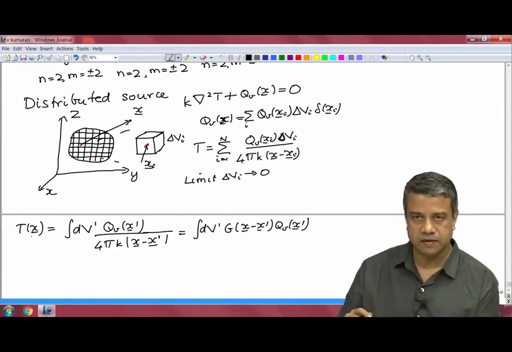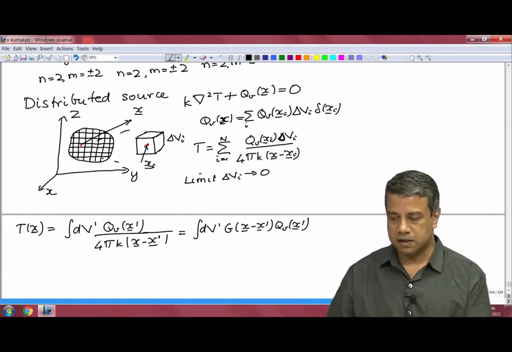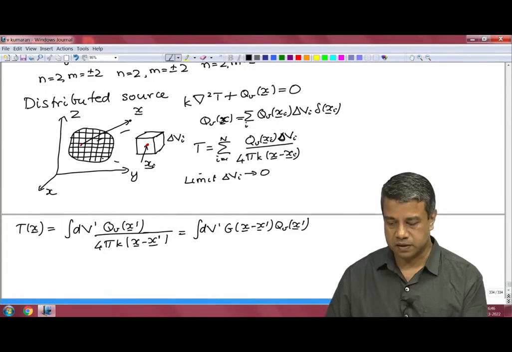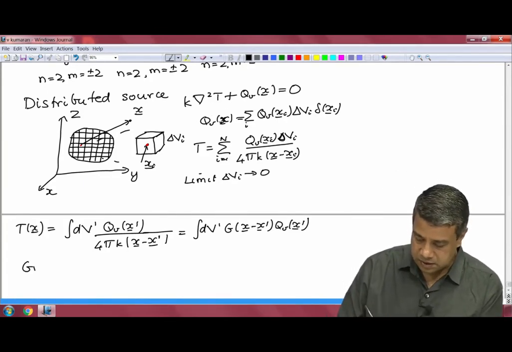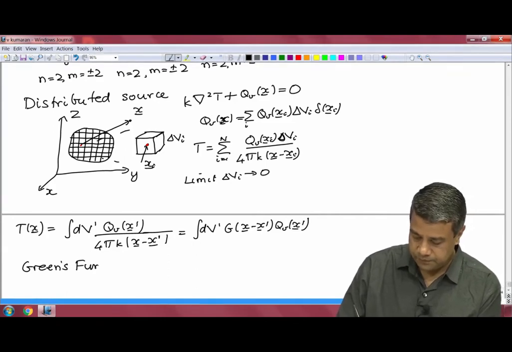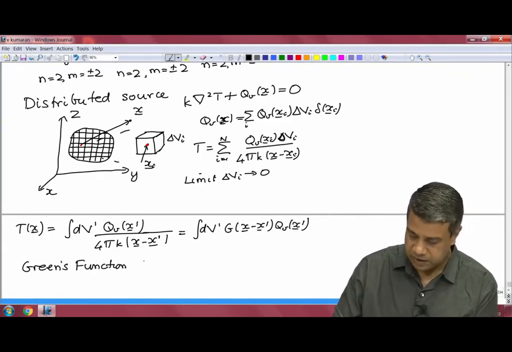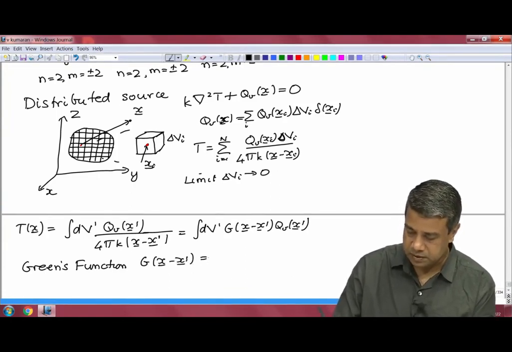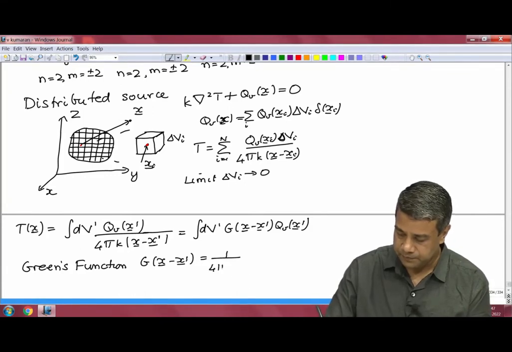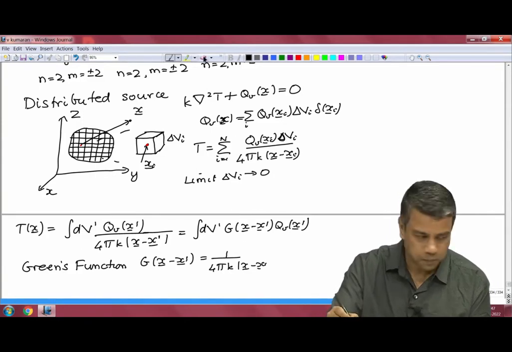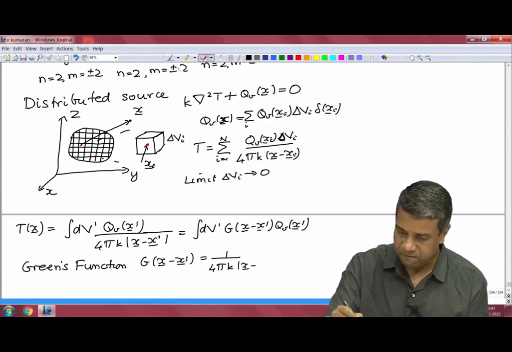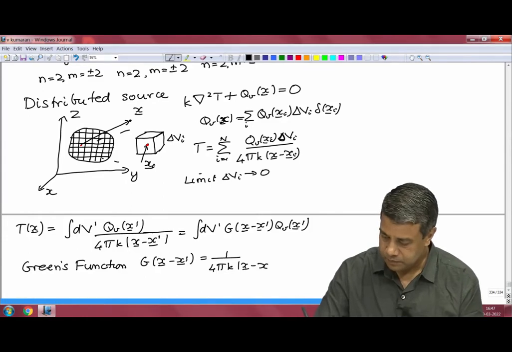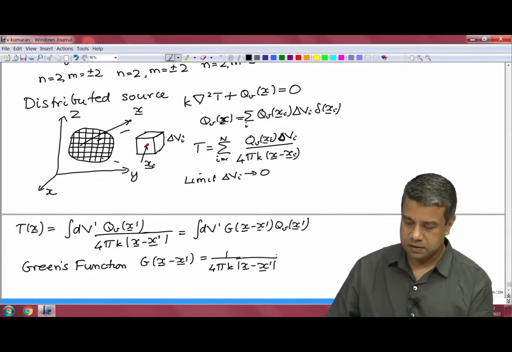Once I have integrated over the source location, the temperature just becomes a function of the observation location, where g of x minus x prime is called the Green's function.